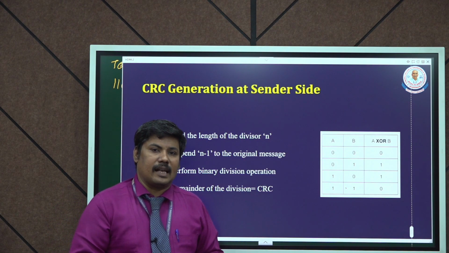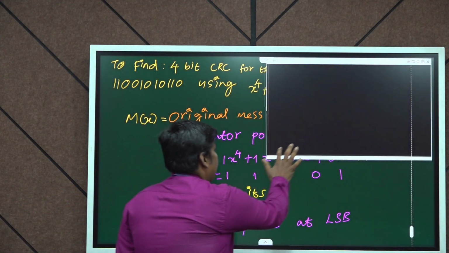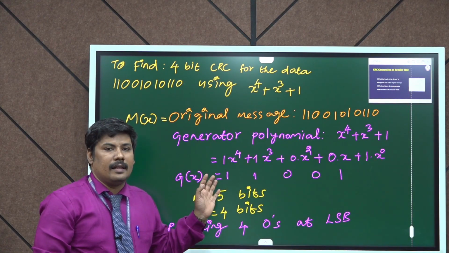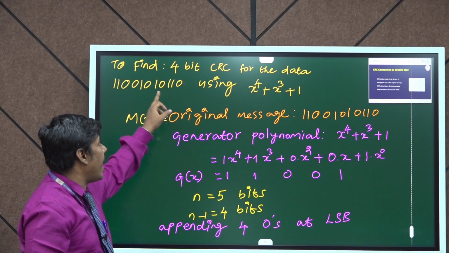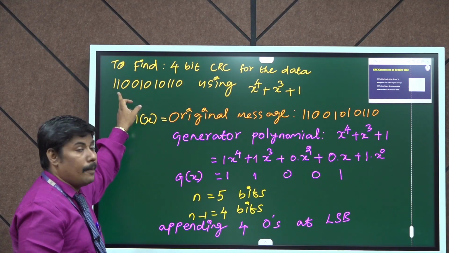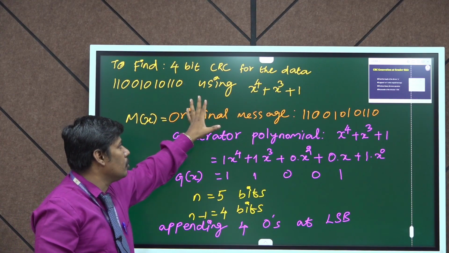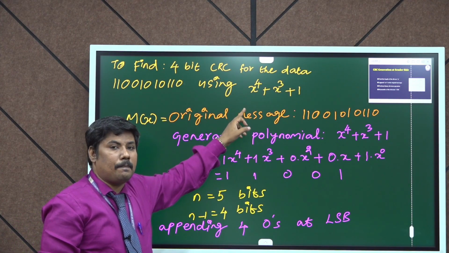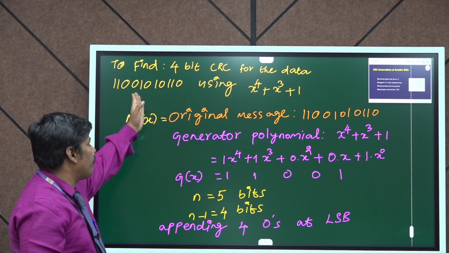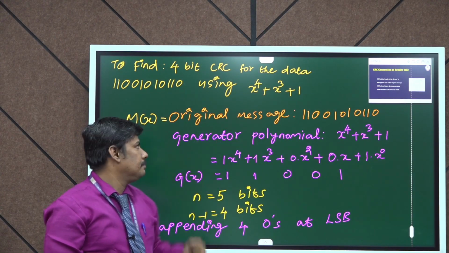Let us see an example sum. Here we are asked to find the 4-bit CRC for the data 1100 1010 1110 110 using x power 4 plus x power cube plus 1. This is m of x, and this polynomial is the generator of x.